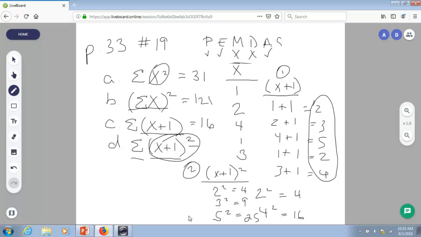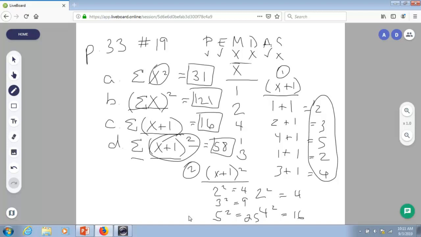So now that I have my calculator present, we go 4 plus 9 plus 25 plus 4 plus 16, which yields us 58, okay, as our final answer. Do we have any subtraction that we need to address here? No, we do not.